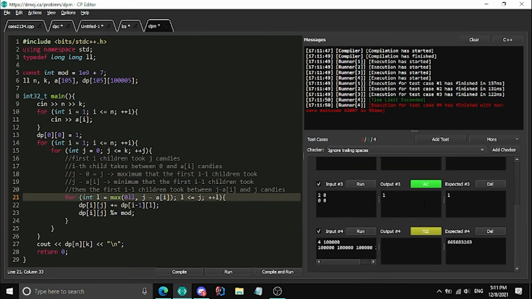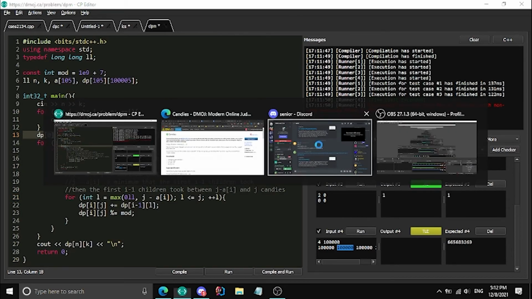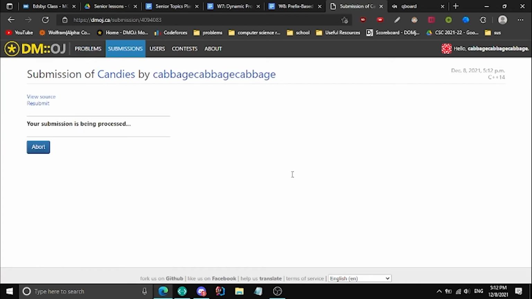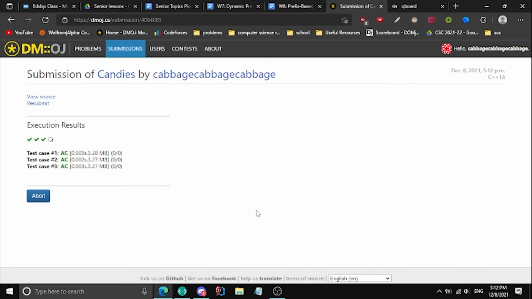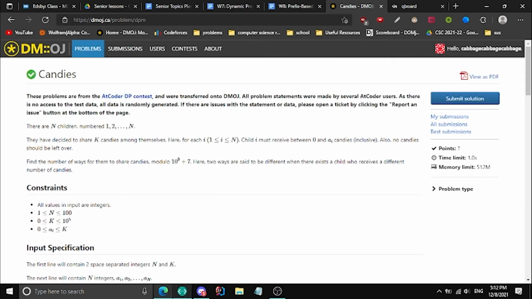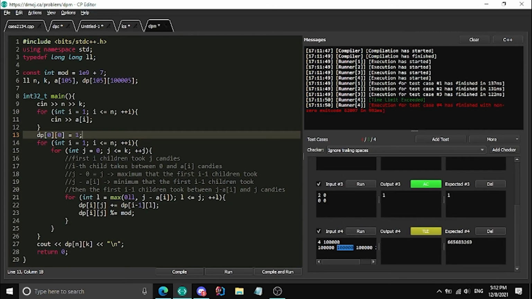Okay, you can see that it's correct, but for the big cases, it's going to TLE. And so even if we try to submit this, it's going to AC a couple cases, but it's going to TLE. And why is this? Well, if we analyze the time complexity of our solution, we have a loop going through n, a loop going through k, sorry.